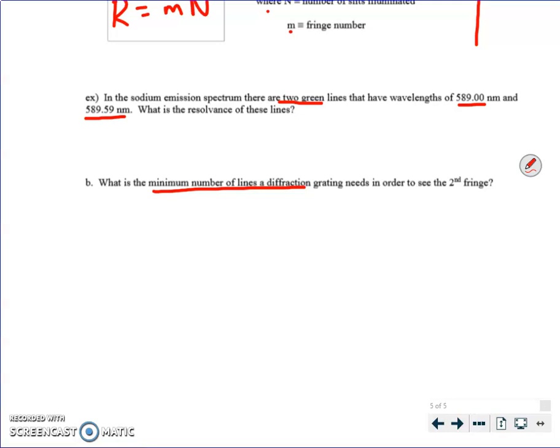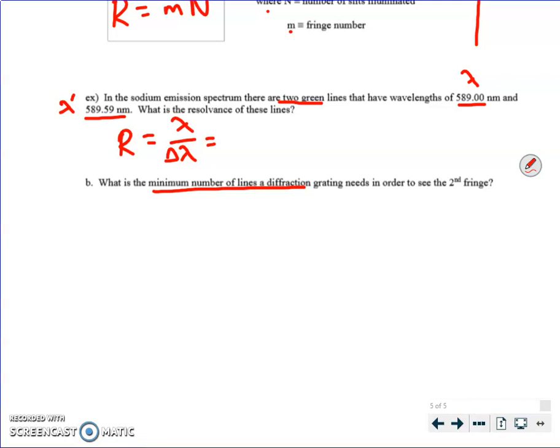It's pretty straightforward. I think the hard part is really understanding the cause and effect in the context in which you would apply this. Since we're given lambda, and lambda prime, we can calculate resolvance as simply equal to lambda over delta lambda.